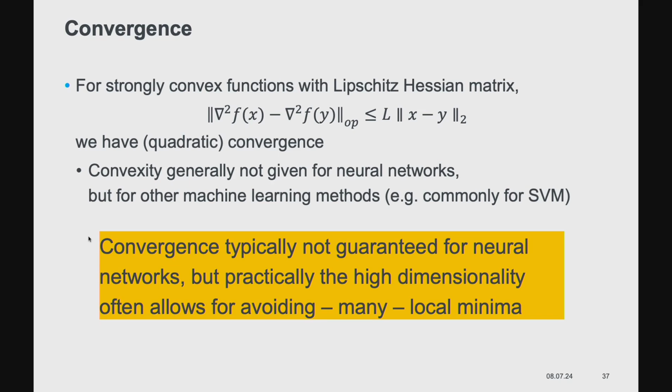Still, in such a 3-dimensional landscape, the chance of getting stuck is still very high. But in neural networks, we don't have 1 or 2-dimensional landscapes, but landscapes of tens of thousands of parameters, or millions of parameters, or even more. So the chance of getting out of such a local optimum is very good.